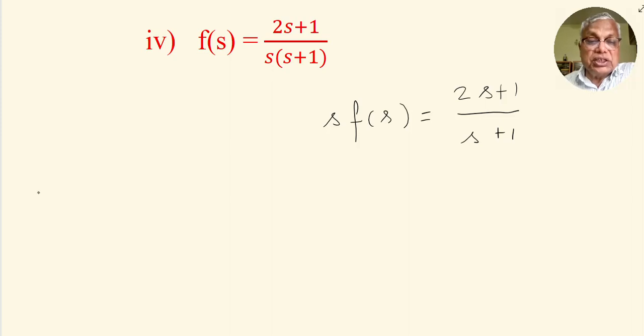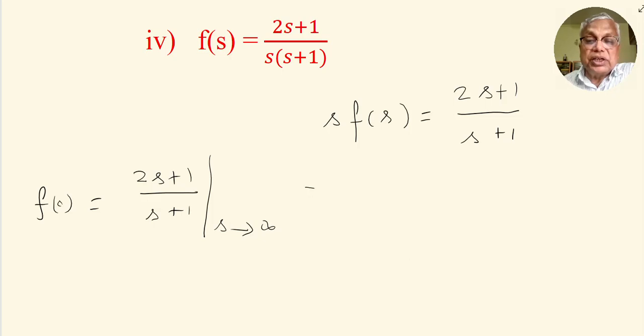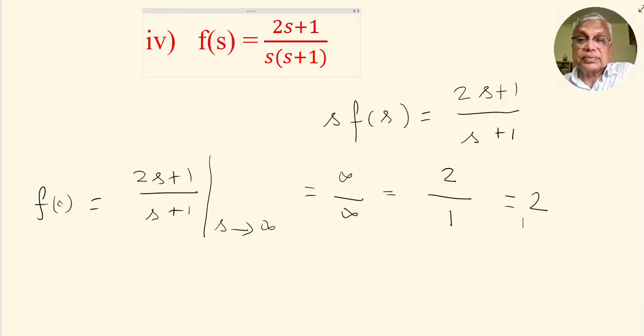If you want to find the initial value, in this we put s equal to infinity. It becomes infinity by infinity, so you have to apply L'Hospital's rule: differentiate the numerator 2, differentiate the denominator 1, so it is 2. So the initial value is 2.